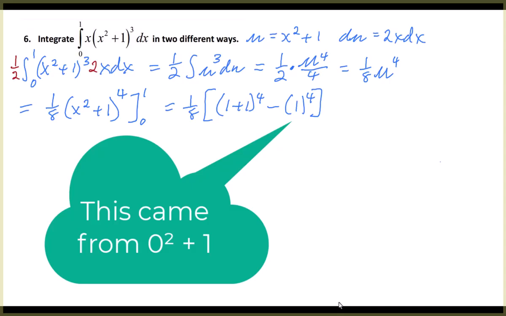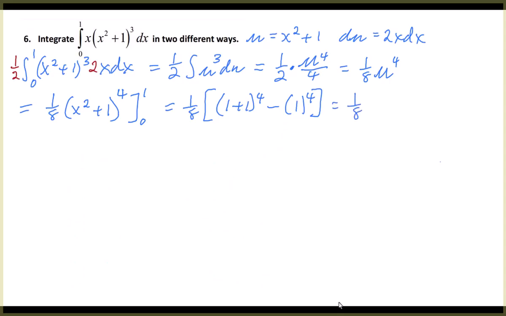It was really 0 squared plus 1. The 1 right there on the end came from 0 squared plus 1. Okay. We're just down to numbers now, which gives me 15/8. Notice no constant of integration needed. The area under that curve is 15/8.